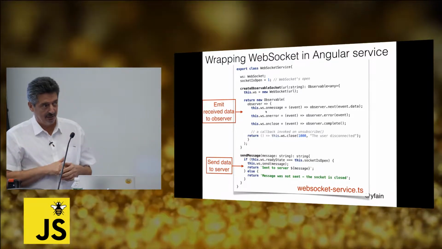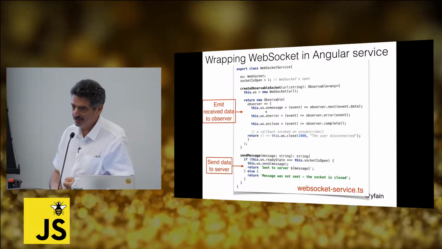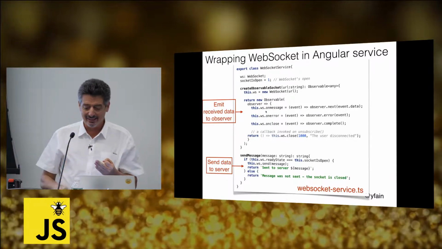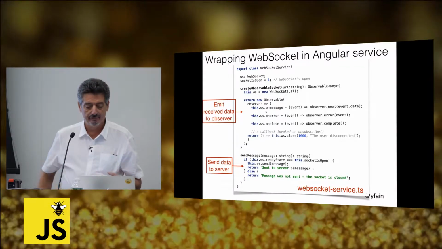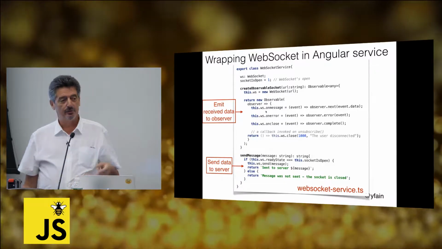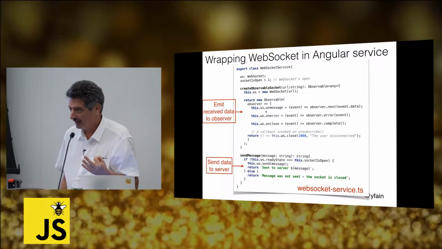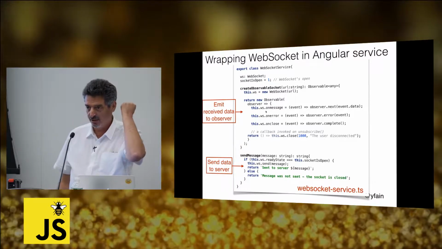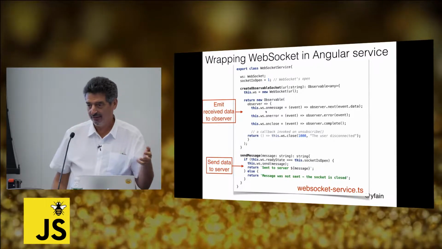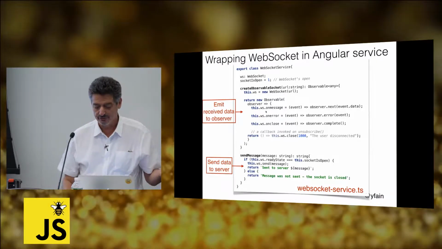Observable can send the next element, it can send an error message, or it can send a message that the stream is over. Accordingly, an observer has a very clean API. You can call next on it, meaning here's your next message. Error, meaning here's an error message, and complete, here's an end of stream event.